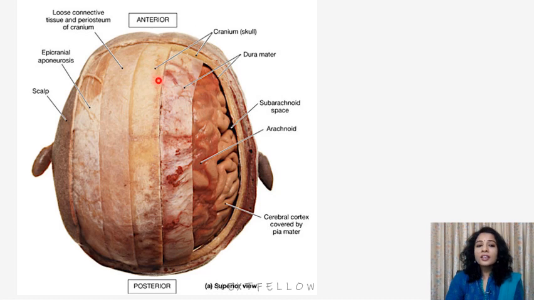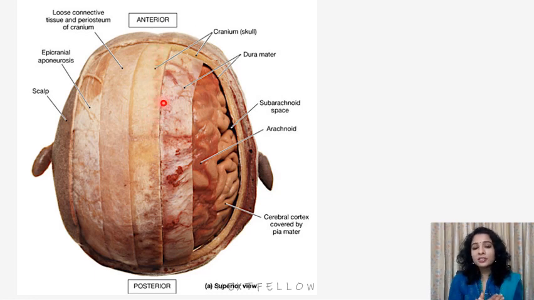Next, the last layer is the pericranium. We can see it is the covering of the bone, and it is nothing but the periosteum covering the outer surface of the calvaria. It is attached to the bones, but loosely. We can easily strip off the pericranium, except at the site of the sutures. At the site of the sutures, the pericranium continues with the fibrous structure within the suture.